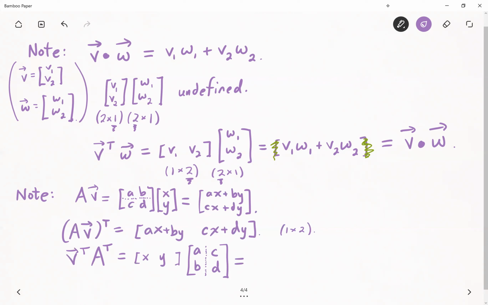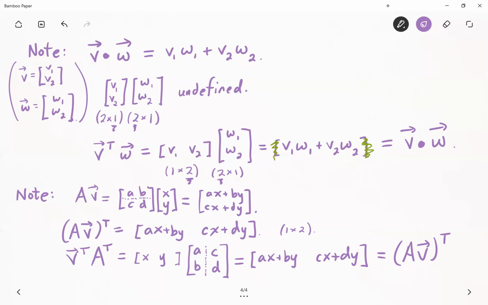So V transpose A transpose, when you multiply those through, you're going to get precisely the same thing. ax plus by as the first entry, and cx plus dy as the second entry. So if you want to think of it as distributing the transpose operator through the product A times V, you distribute it to each one of those terms. However, you also have to reverse the order for the calculation to make sense.